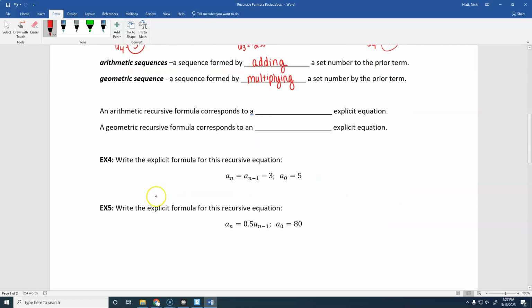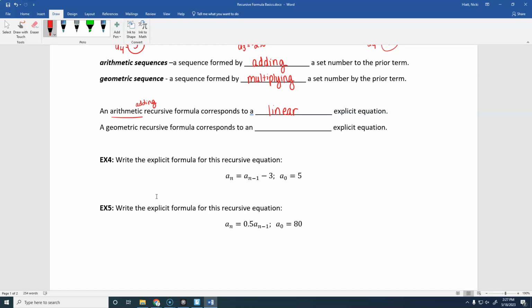So arithmetic, which remember is adding, recursive formulas correspond to a linear explicit equation. That should make sense because in a linear pattern, you have a constant rate of change. You're adding the same amount each time. When we look at tables, our table's going to maybe be going up by 5 each time. It's the same amount added each time.